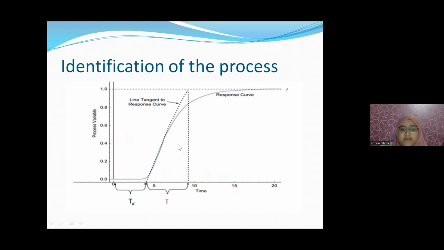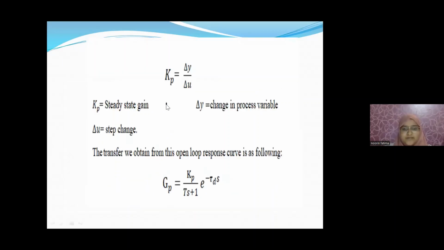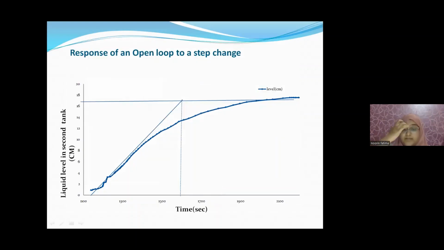This generally results in a first order dead time transfer function, which is calculated by this formula: Kp, calculated as the steady state gain through change in process variable over step change. The open loop transfer function we obtain is Gp = Kp/(Ts+1) e^(-Td s).